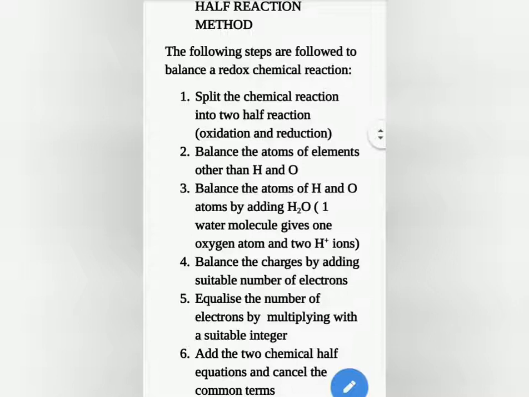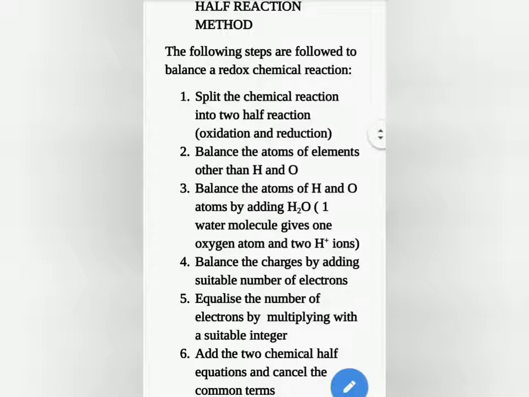Third step, balance the atoms of oxygen and hydrogen by adding suitable number of water molecules. Keep in mind, if you are adding one water molecule, there will be two hydrogen atoms and one oxygen atom. So accordingly, to balance the number of hydrogen atoms, you will have to add the correct number of H+ ions on the corresponding side.